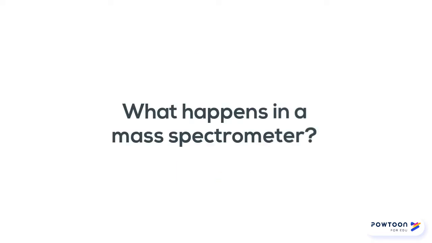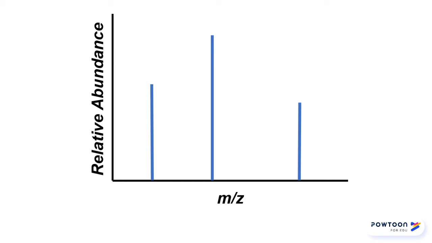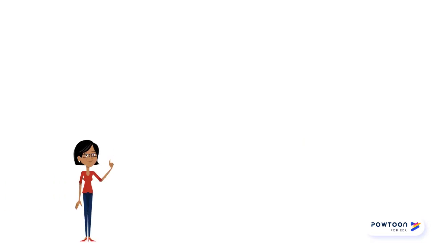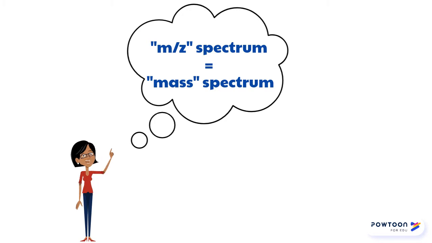The next question is, what exactly happens in a mass spectrometer? The goal of MS is to produce a mass spectrum, which is a pattern representing the distribution of ions in a sample by mass-to-charge ratio, or m/z. Note, since the charge z is usually 1, the m/z spectrum is usually referred to as a mass spectrum.